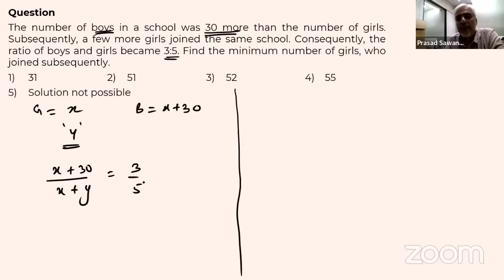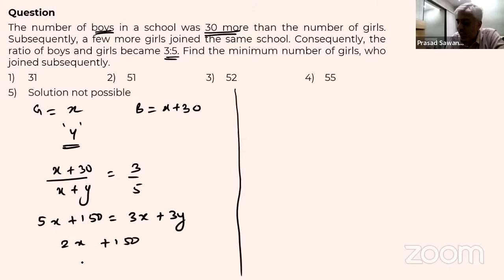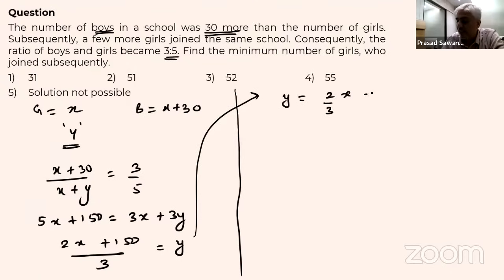You can cross multiply and get a relationship over here. So you'll get 5x plus 150 is equal to 3x plus 3y. So you'll get (2x plus 150) divided by 3 is y. So if I continue with this method here, what do I get y as? y is 2/3 of x plus 50.